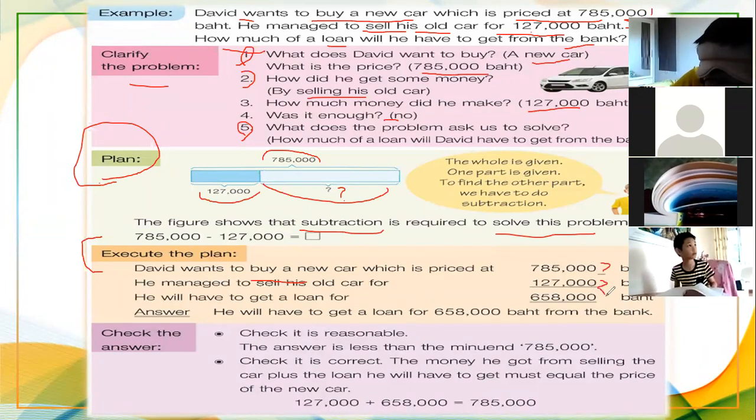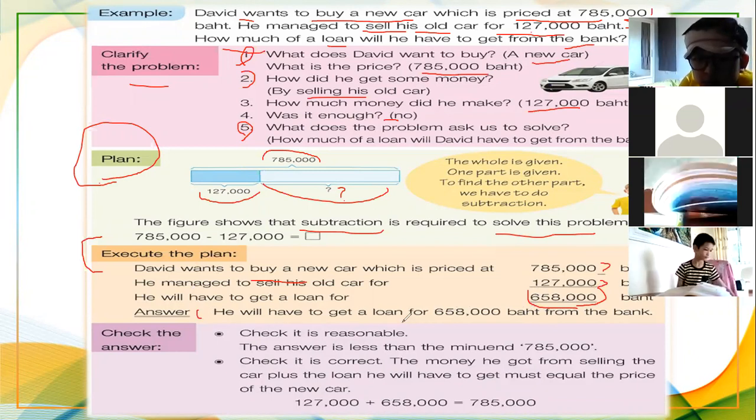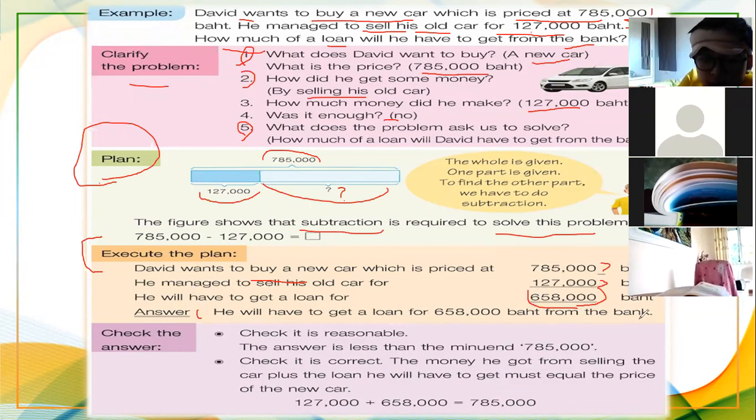So the remaining amount is 658,000. So David needs 658,000 baht so he can buy a new car. So the answer here is he will have to get a loan of 658,000 baht from the bank.